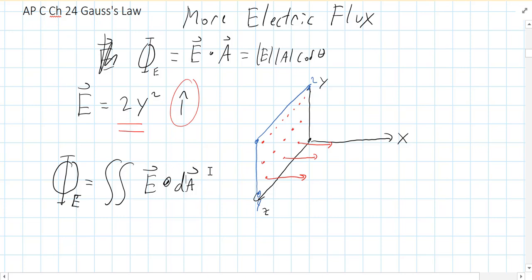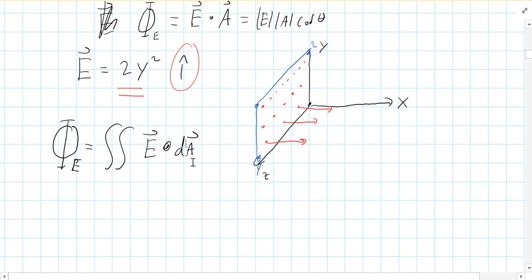Now, what's dA? Remember, d anything is a very, very small chunk of the thing. So for this area, we want to make a very, very small chunk. And here's where it's very important that you select a proper dA. You want a dA through which the field is constant.